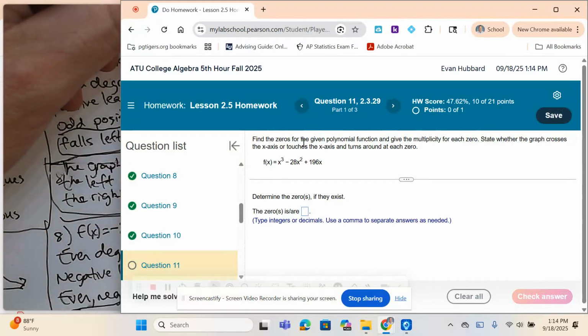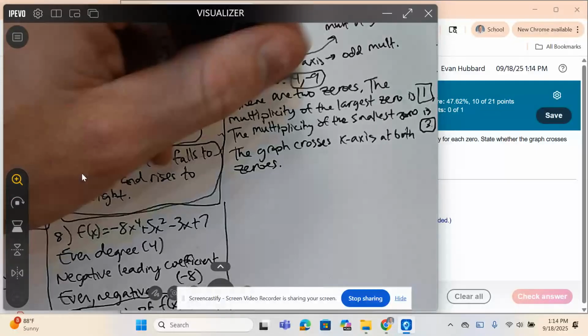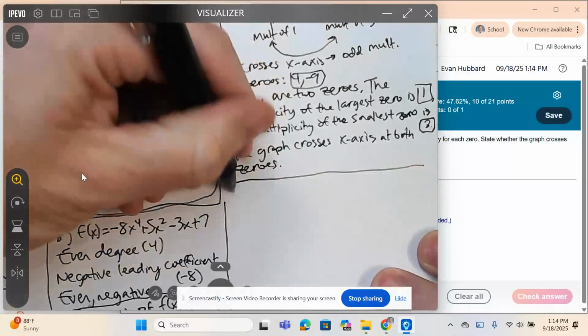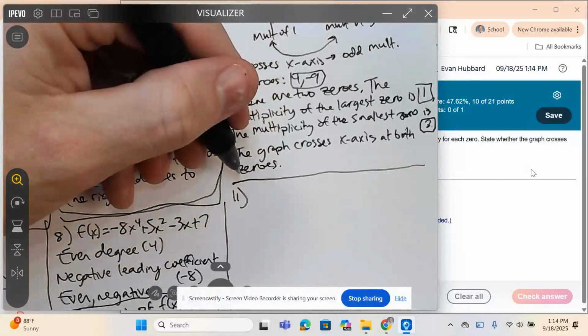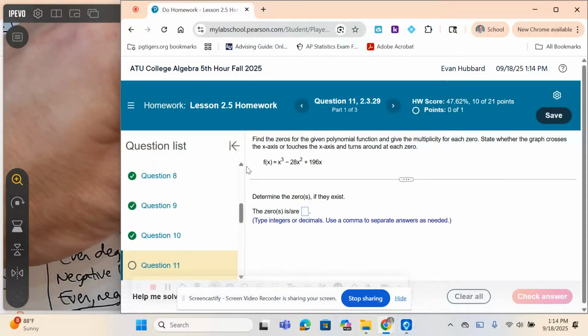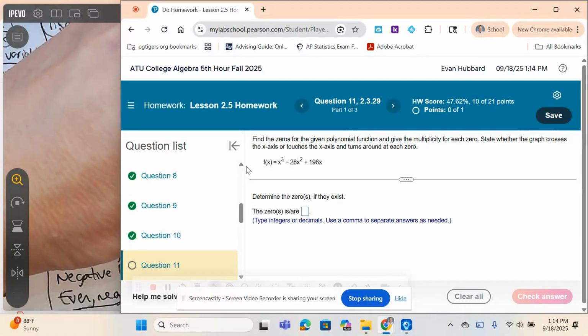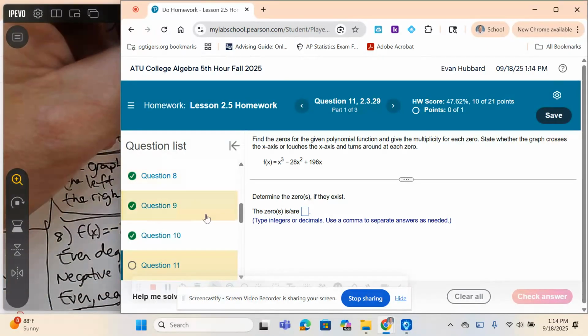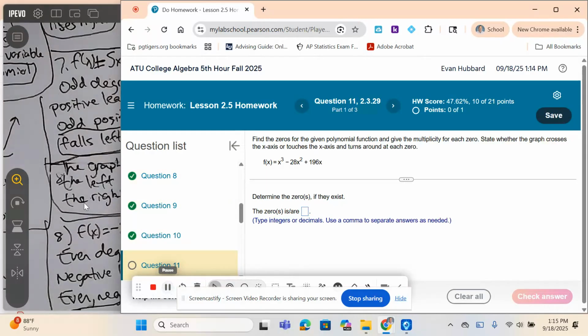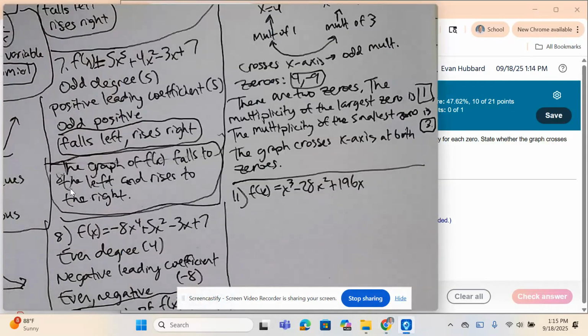Find the zeros and the multiplicity of each zero and then state whether the graph crosses or touches. On this one, the first thing I need to do is factor.